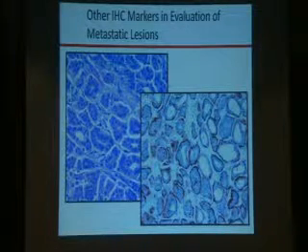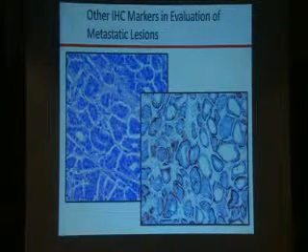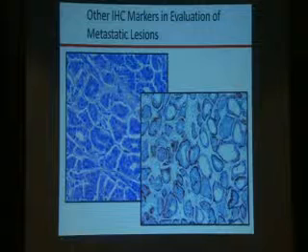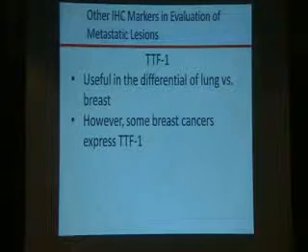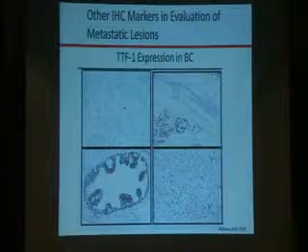So the bottom line is selection of immunohistochemistry marker depends on morphology. TTF1 we extensively use to differentiate lung versus breast carcinoma, but you have to remember that some breast carcinomas can express TTF1 staining.